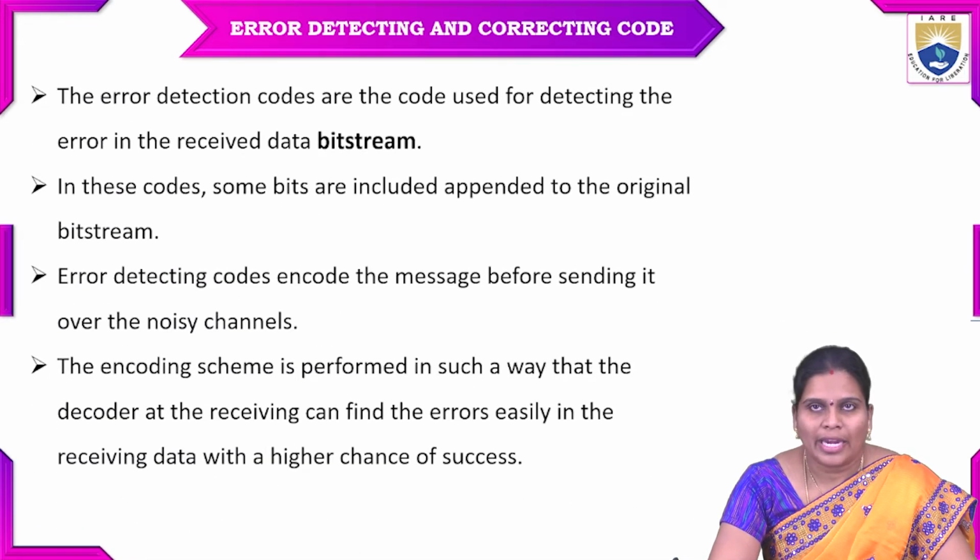The error detection codes are used for detecting errors in the received data bit stream. These bits are appended to the original bit stream. Whatever data we want to transmit from the transmitter to the receiver is a combination of zeros and ones only.